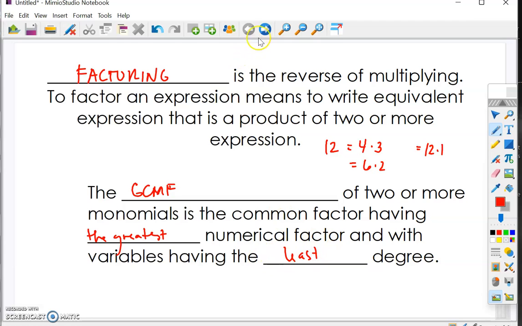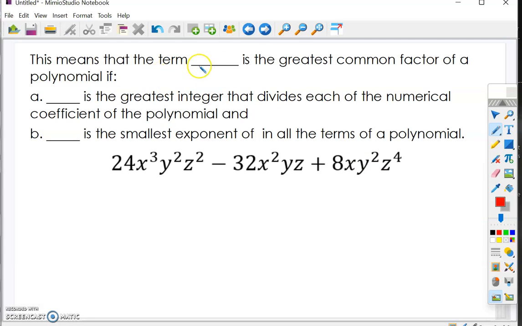So that means that the term ax raised to n is the greatest common factor of a polynomial. This can be considered as the greatest factor of the polynomial if a is the greatest integer that divides each of the numerical coefficients of the polynomial, and n is the smallest exponent in all the terms of the polynomial, meaning the one with the least degree.